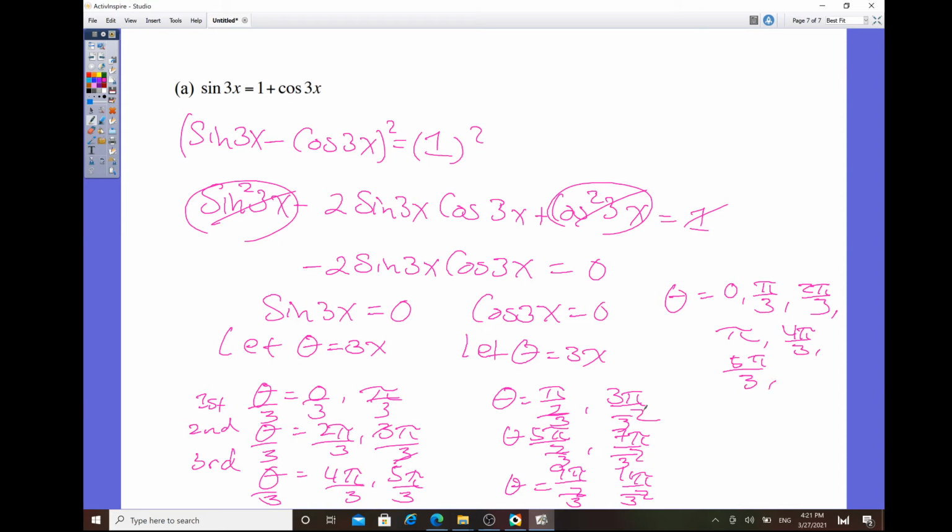And then what about this one right here? Pi over 2, 3 pi over 2, 5 pi over 2. It could be pi over 2, 3 pi over 2, but it cannot be 5 pi over 2 because that's more than 2 pi.